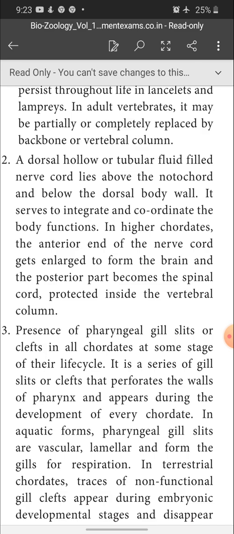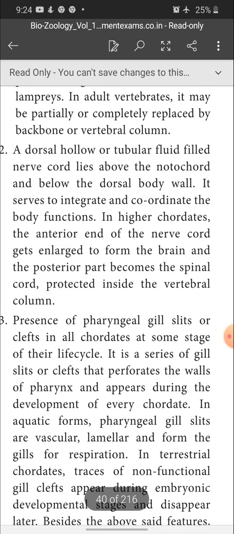In vertebrates, the anterior region enlarges to form the brain, the posterior end becomes the spinal cord, and the spinal cord is placed inside the vertebral column.